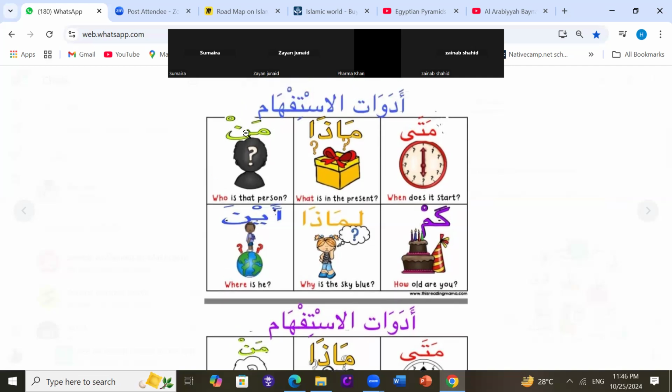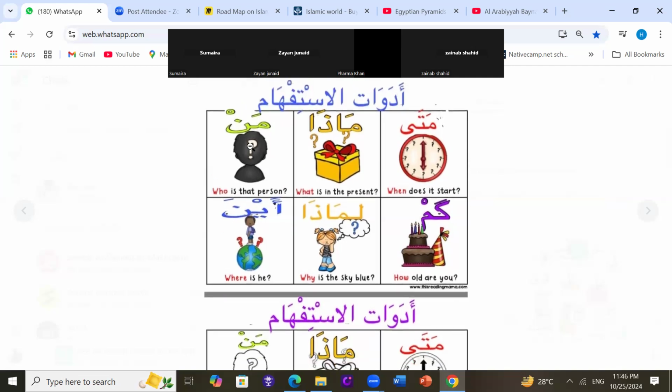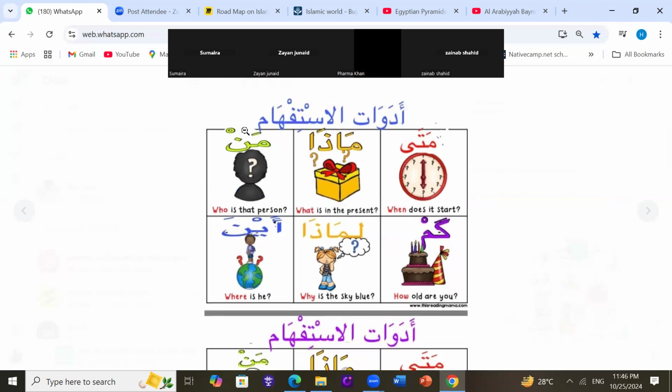Okay. Man means who. Like yesterday, we saw the exercise of ma jaddatuka, ma jaddatuki. There was an exercise. I don't know whether you have done it or not, but we discussed it yesterday, and I told you to do it as a home assignment.